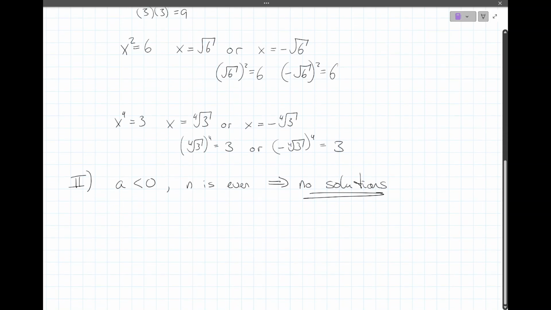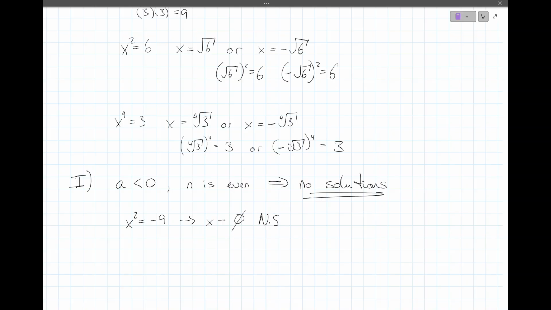If I had x squared is equal to -9, then x has no solution, because what number times itself is going to make -9? Well, if I did 3 and 3, that's +9, that doesn't work. And if I did -3 and -3, that's also +9. But if I did -3 and +3, well, that's -9.